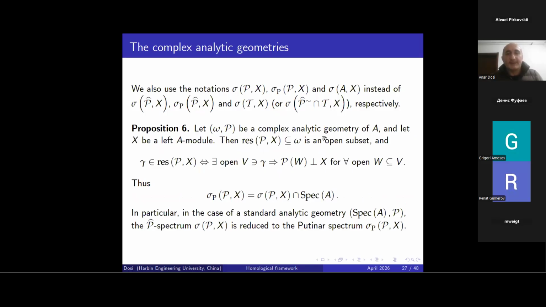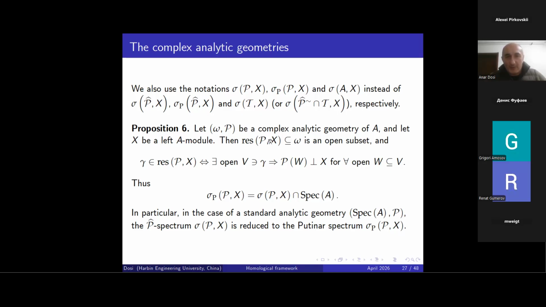Okay. Well, now we can talk about the spectrum. Once we have a complex analytic geometry, we use notations like that, P everywhere, a presheaf, instead of categories. So we can define what is meant by spectrum in this case. You have a complex analytic geometry, X is the left module.